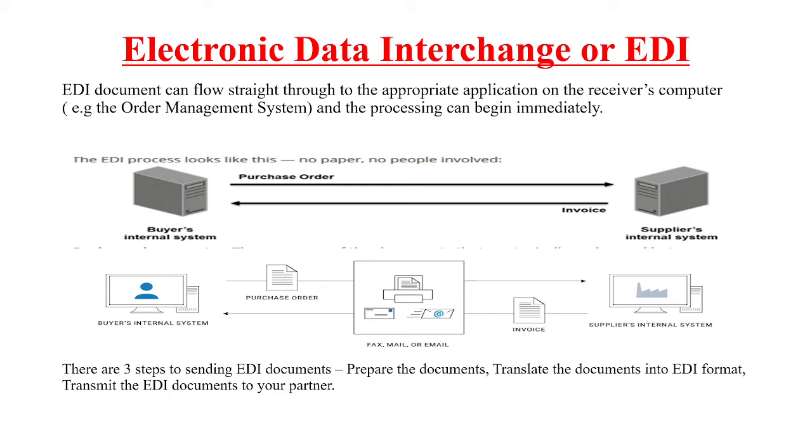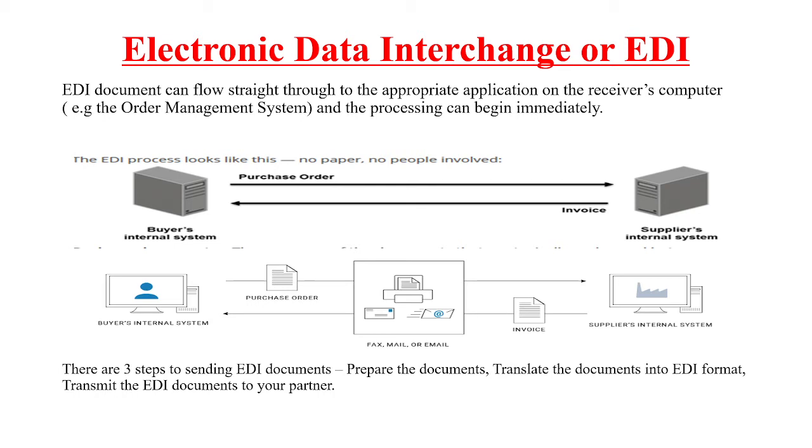The buyer's internal system sends the purchase order directly to the supplier's internal system, and in turn the supplier's internal system sends the invoice directly to the buyer's internal system. So the EDI documents can flow straight through to the appropriate application on the receiver's computer, and the process can begin immediately. So we call it an order management system.